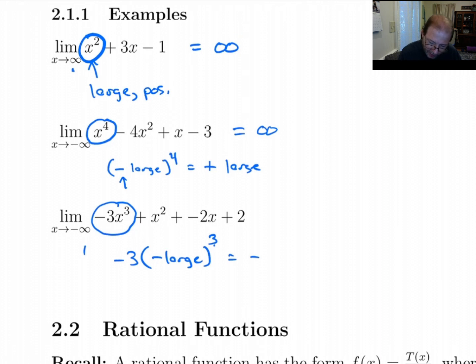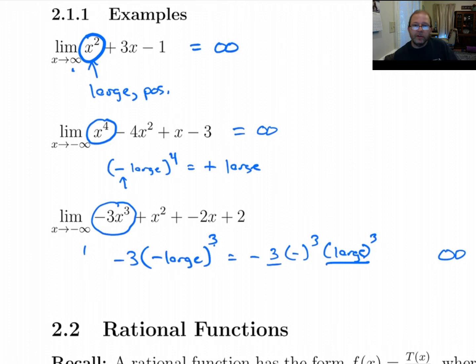So I've got a negative, a 3, a negative cubed, and a large number cubed. So a large number cubed times 3 is going to be a large number, so that tells me it's infinity. And then if you count the number of negatives we've got multiplied together, we've got 1, 2, 3, 4. So an even number of negatives makes this positive. So this is going to be positive infinity.